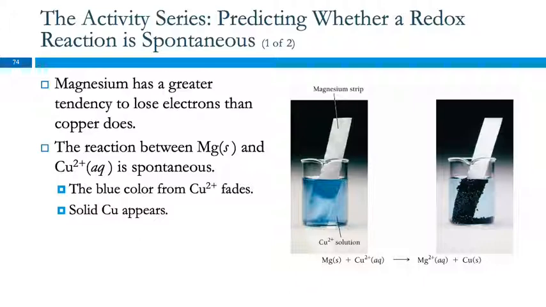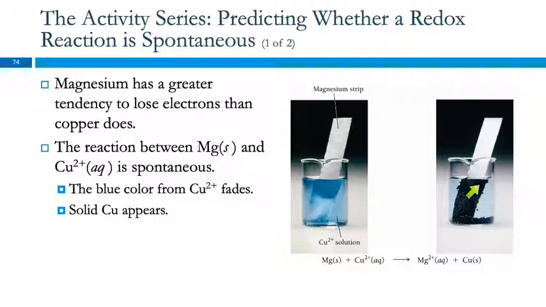What's happening here is that the magnesium metal in this strip and the copper ions in the solutions are trading places. The magnesium is losing electrons to become a magnesium ion. The copper ions are gaining electrons to become copper atoms. Copper solid is not soluble in water.